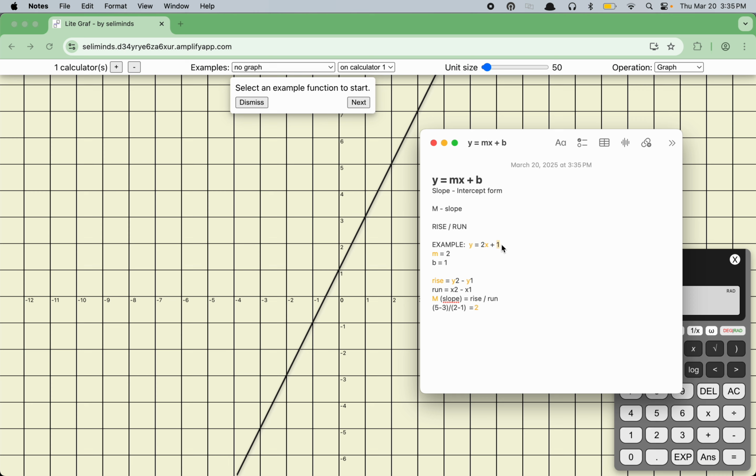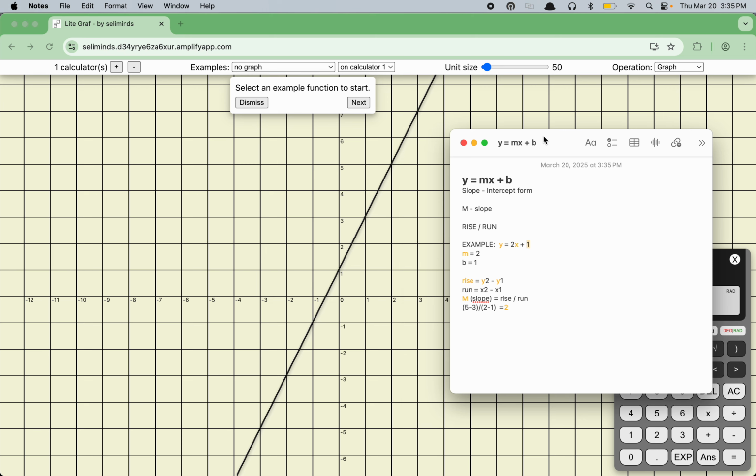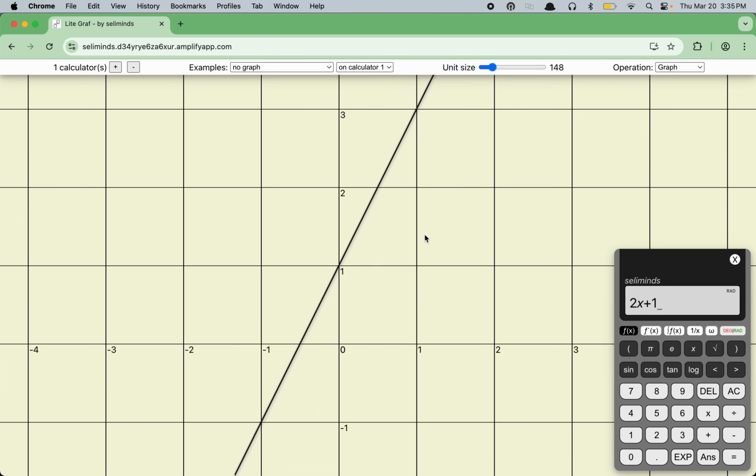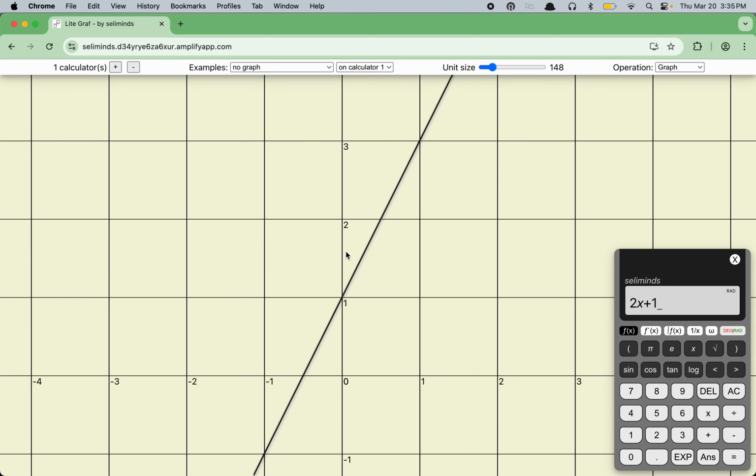What is the y-intercept? In layman's terms, the y-intercept is the point in the y-axis, and we know that the y-axis is this one, where the graph crosses.